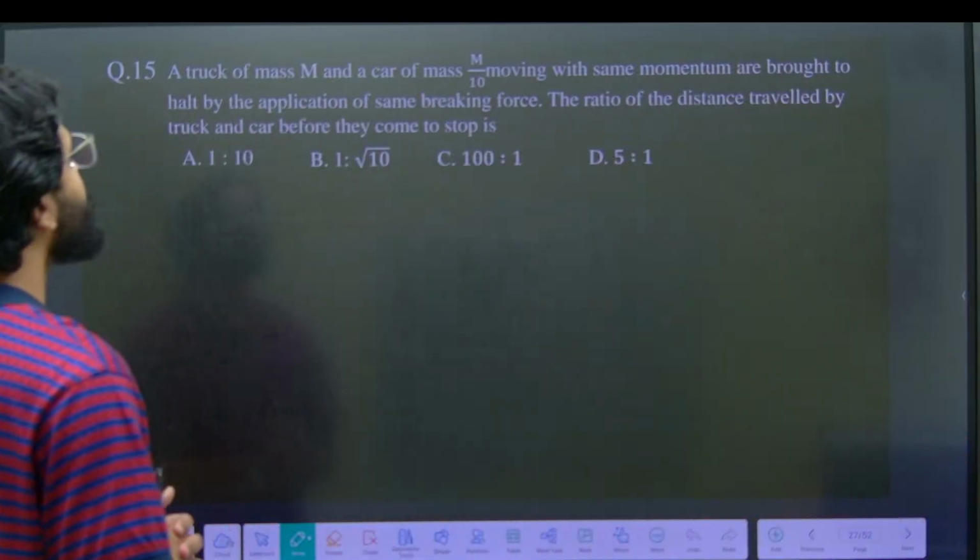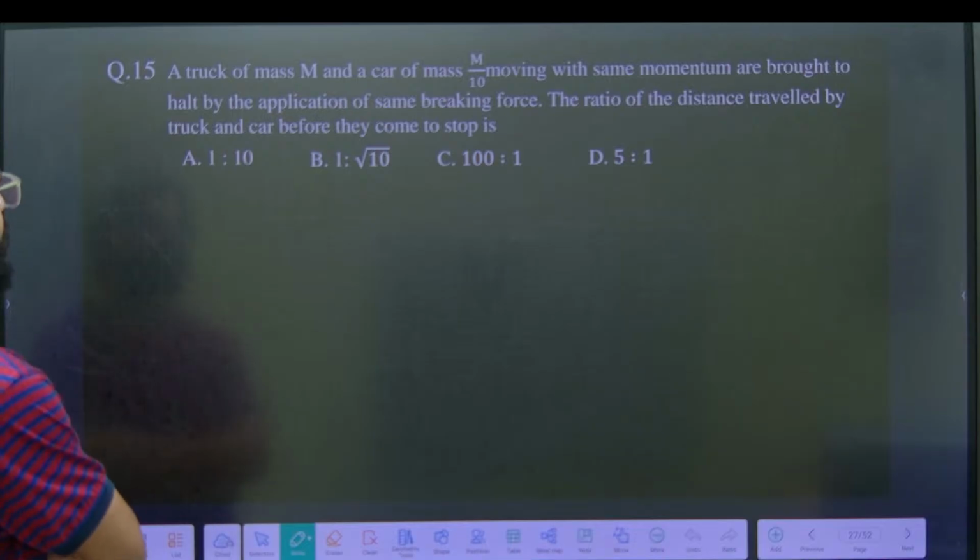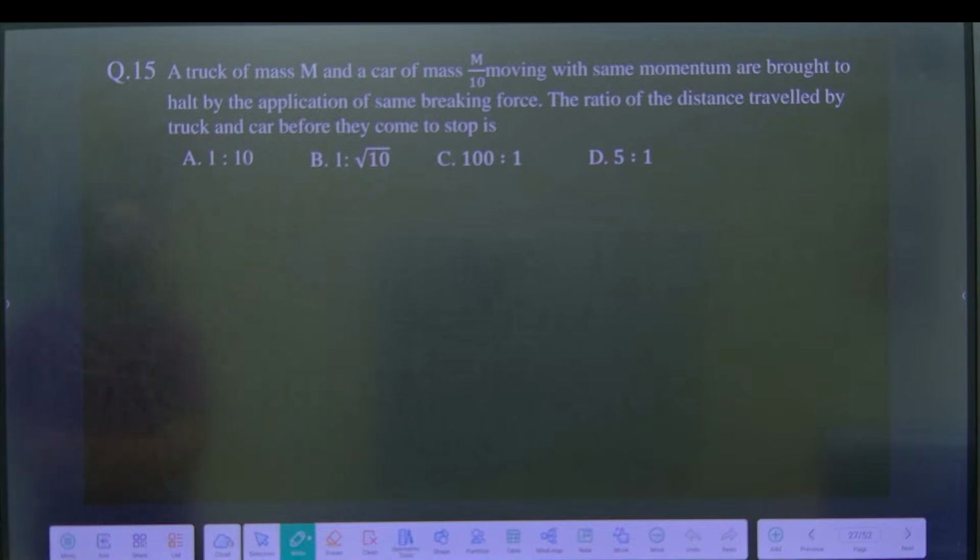15th. A truck of mass m and a car are moving with same momentum, and are brought to halt by application of same braking force. The ratio of the distance traveled by car and truck before they come to stop.